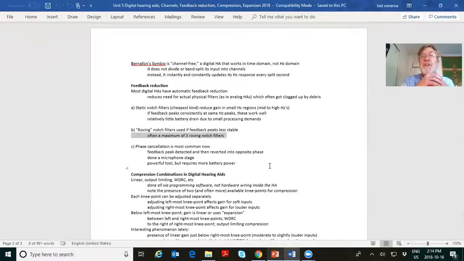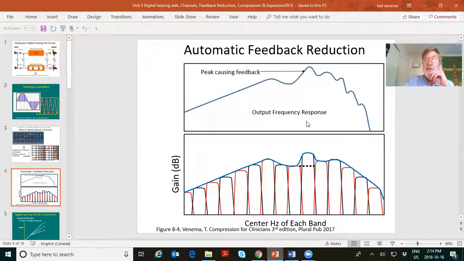Then they got to phase cancellation, and that's the most common now. Now check this out. The hearing aid is going to be producing feedback at some particular frequency, and it's going to remember what that frequency was, and then the hearing aid itself is going to produce a sound of that very same frequency, but in opposite phase. 180 degrees phase.